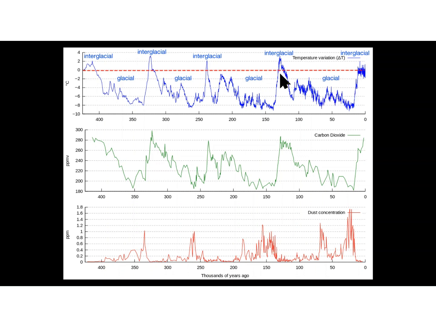So between two interglacials, you have the ice age period, which should be roughly 100,000 years. If you take this distance and you put it here, it looks to me a little bit over 100,000 years.